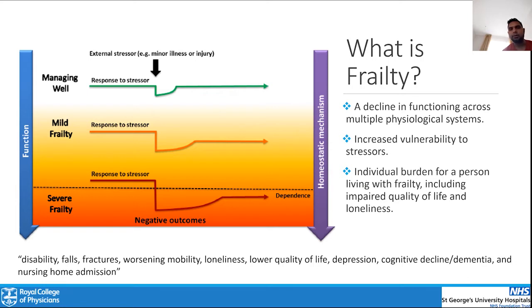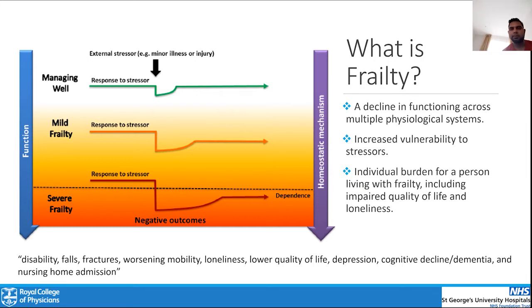However, a frail older adult will have a steeper reduction in their function and then take a longer period of time to recover their function back to their baseline. And many do not recover that function, and in fact, the more severe your degree of frailty, the less likely you are to recover that level of independence.